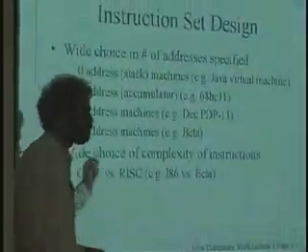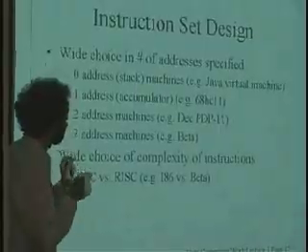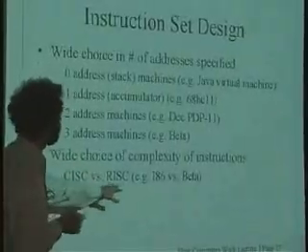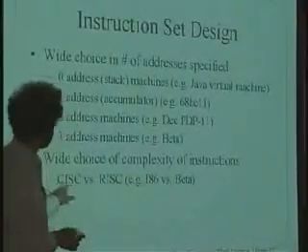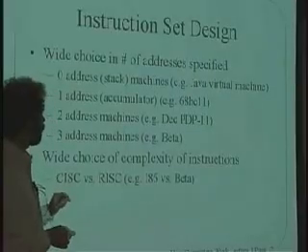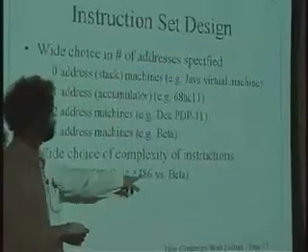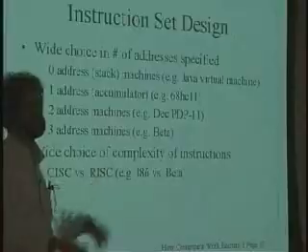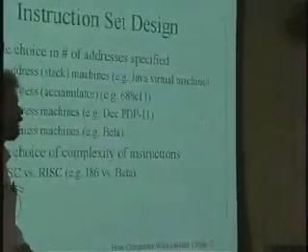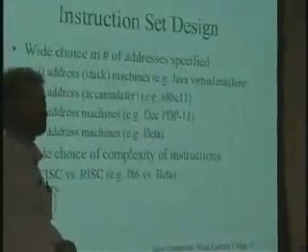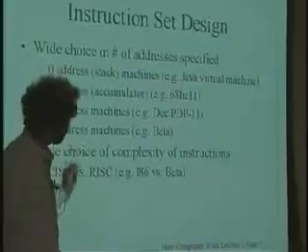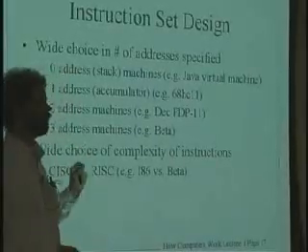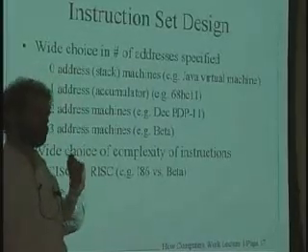That means the instruction set is very simple, and that's what the Beta is like. And then there's the complex instruction set computer, and that's something like the Intel 8086, 486, Pentium, etc. The operations there tend to be more complex. And the trade-off here is how long it takes the computer to execute each instruction.